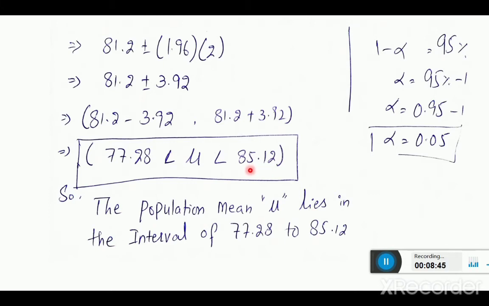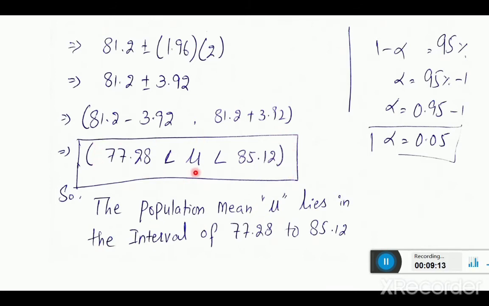85.12 is your upper limit and 77.28 is your lower limit. It means the population mean mu, its value will start from 77.28 and be less than 85.12.